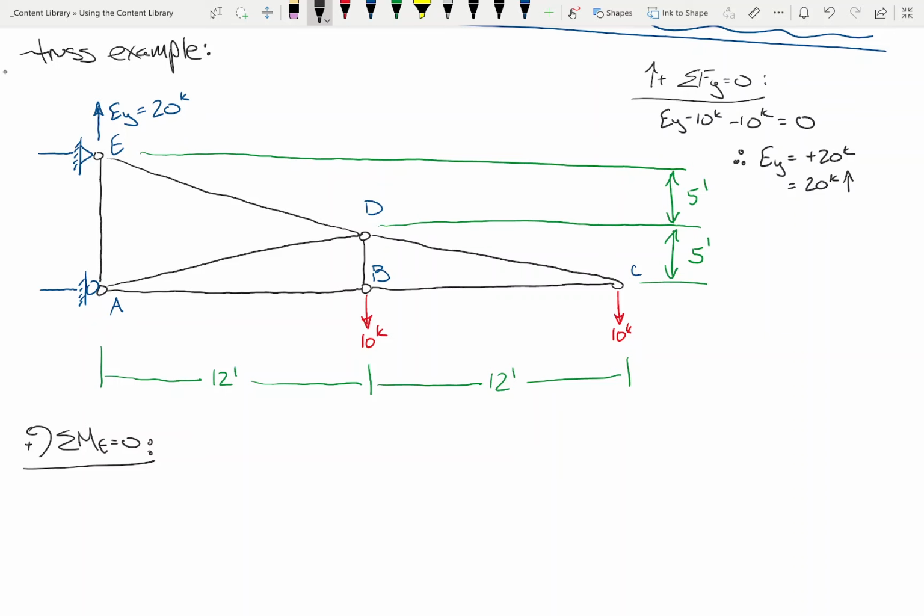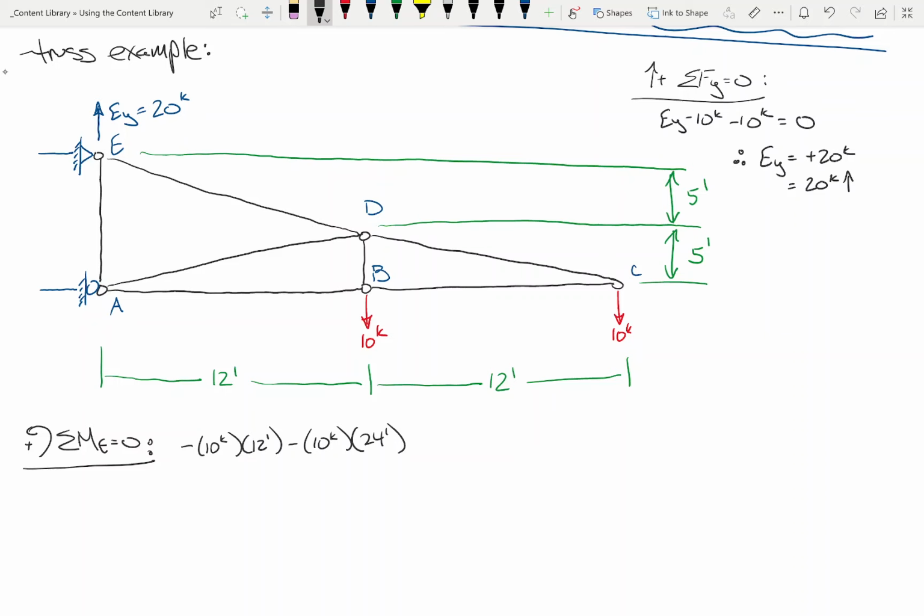So I have 10 times 12 and 10 times 24 that are both negative. Okay? Because at E, these both produce clockwise rotation.